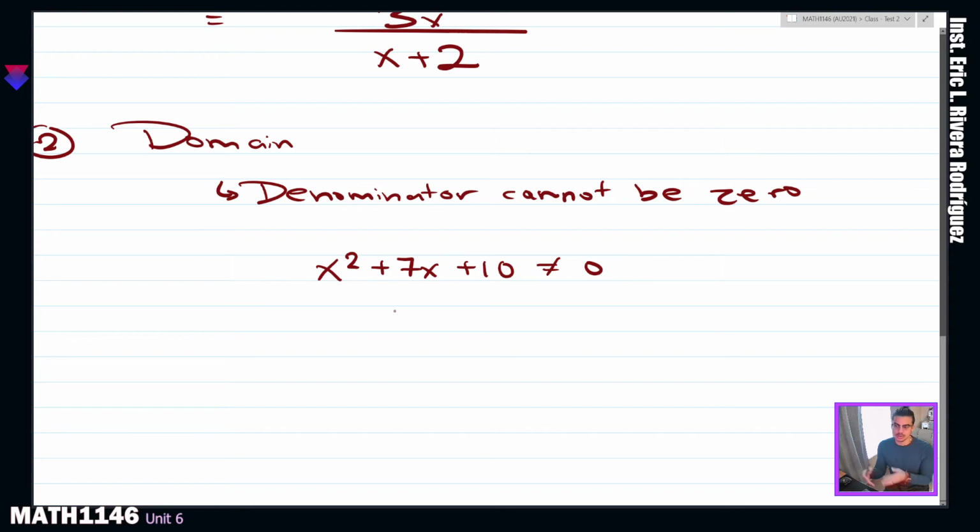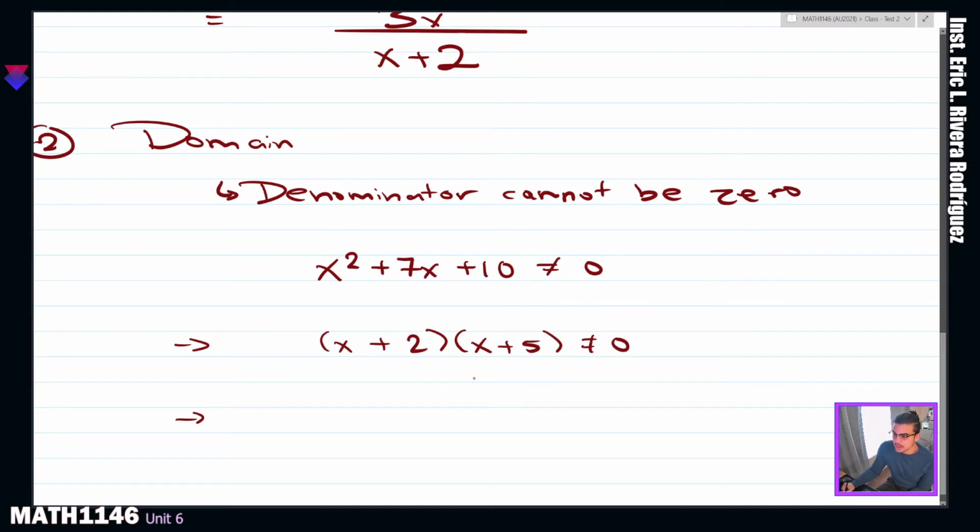Based on those x values, we will identify the restriction. Because we have the factored form already, that's what I'm going to use. Here you have two pathways: using the quadratic formula, or if you know the factorization of the quadratic equation, you can do this.